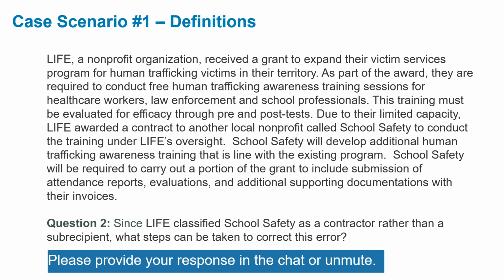So the fact that School Safety was required to develop additional human trafficking awareness trainings in line with the existing programs, and that they were required to carry out a portion of the grant to include submission of attendance reports, evaluations, that is different. A contractor may need to provide certain documentation to be paid for services. However, this is an attendance report and evaluation, things that would be in line with your performance reporting, and that is what School Safety is required to do.